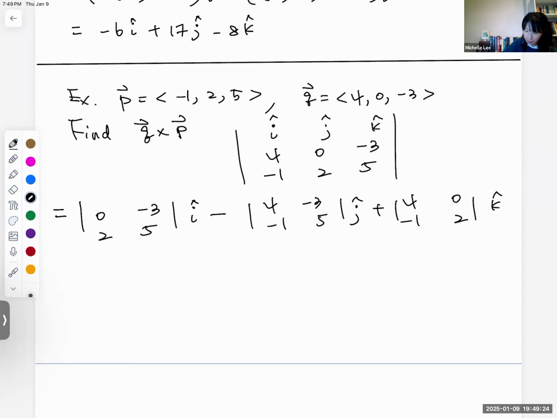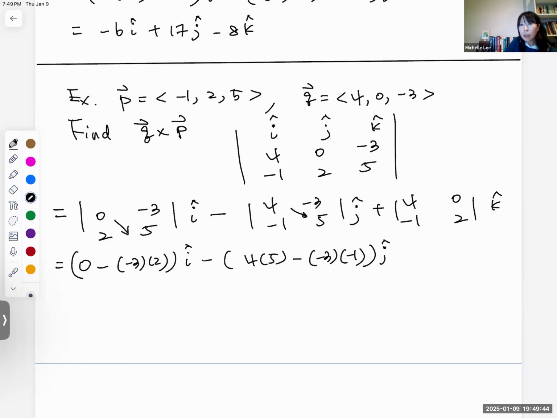All right, so let's calculate 0 minus -3 times 2 I minus 4 times 5, -3 times -1 J plus 4 times 2 minus 0 K. Okay, so there's a positive 6I minus, and then it's a negative, negative, positive, negative.